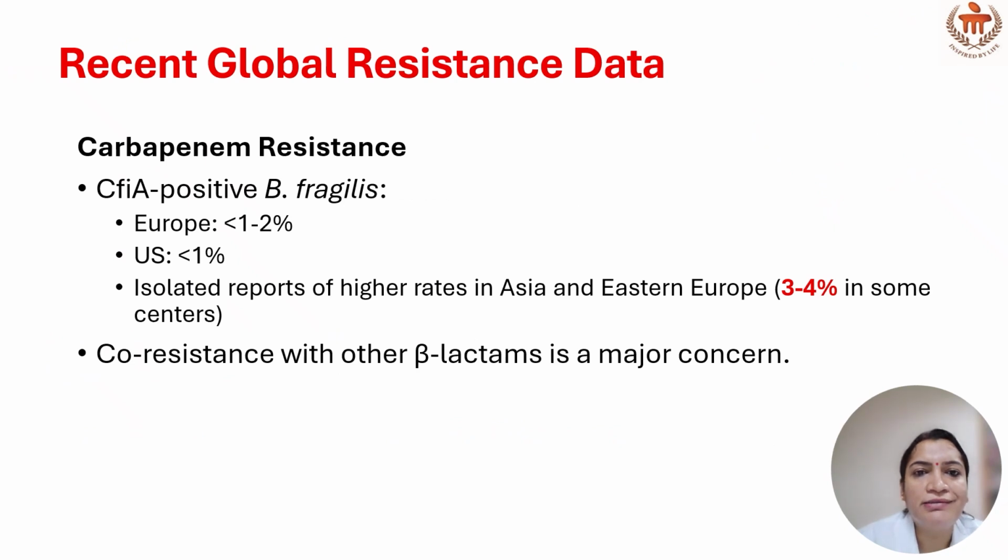If you look at the global resistance data, carbapenem resistance in Europe is less than 1 to 2%, and in the US it is again less than 1%. Whereas, in some isolated reports, higher rates of resistance have been reported from some Asian and East European countries.